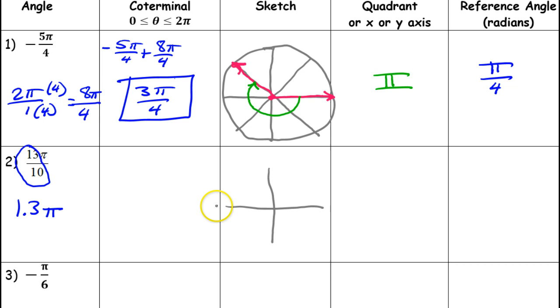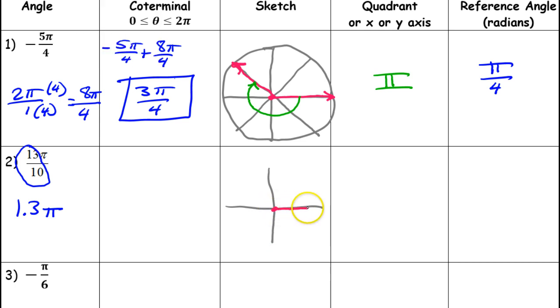Okay, so this would be pi. If I'm going in this direction, the positive direction, pi would be right here, and this would be 1.5 pi if I went to here. So 1.3 pi is going to be somewhere here in the third quadrant. Okay, so let's go ahead and just draw that.